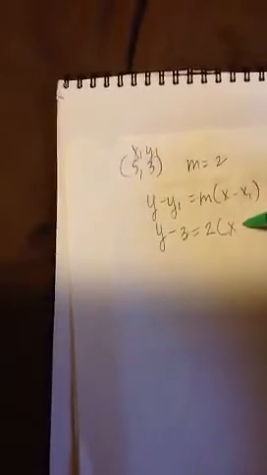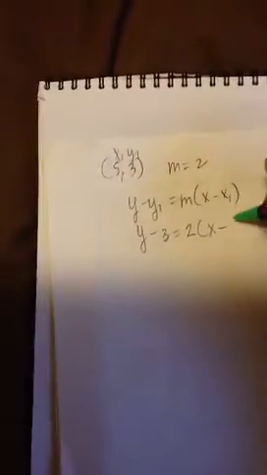So if I want to plug in to my equation, I need to know that the point is the x sub 1, y sub 1, and my slope is m, so this becomes y minus the y sub 1, which is 3, equals the slope, which is 2, open parentheses, x minus the x sub 1, which is 5.